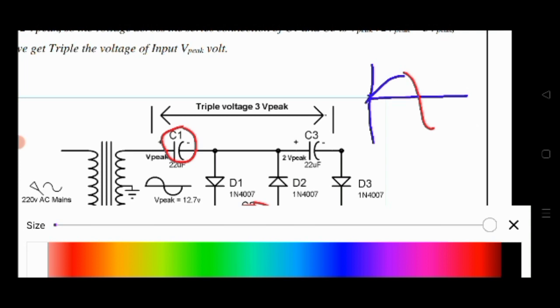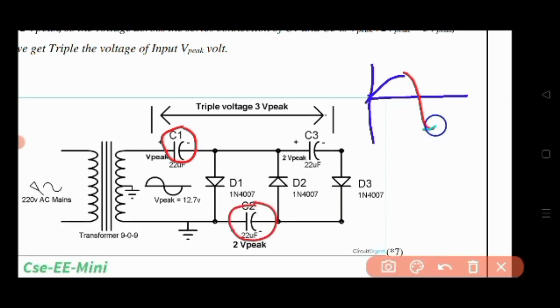So now, in the second positive half cycle, transformer polarity is again like this, and in this way D1 and D3 conduct. So now what will happen here, you can see that the transformer current will not charge C3. Instead, capacitor C2 gets discharged and transfers its charge to C3 like this.